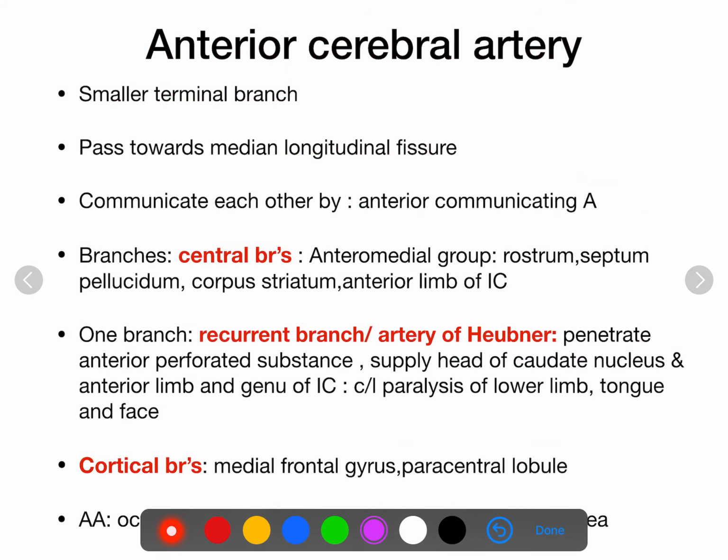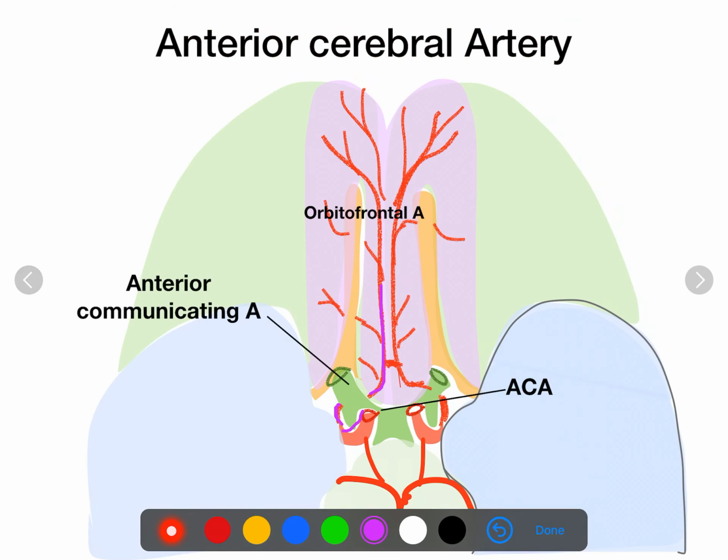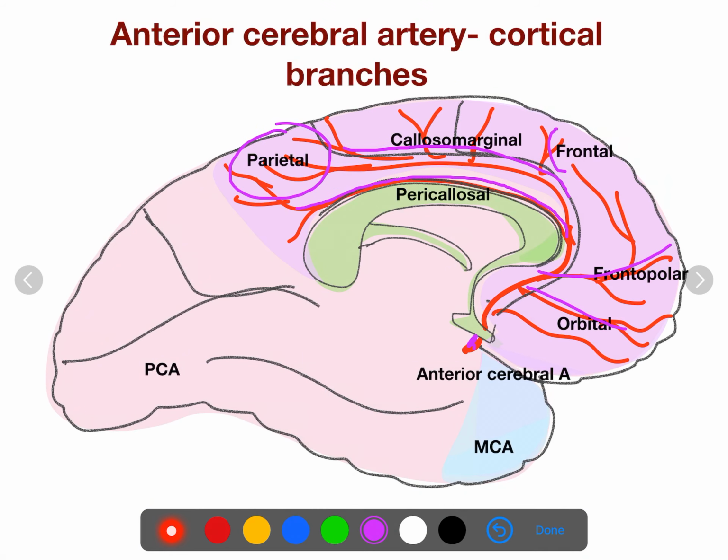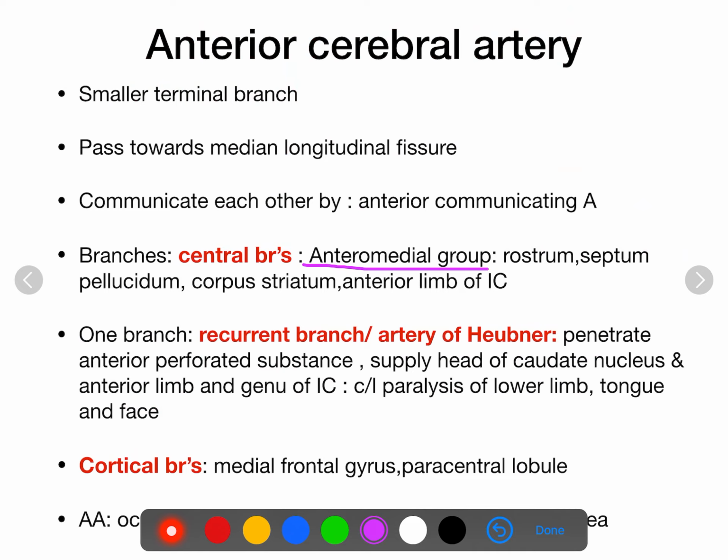Now the central branches, the anteromedial group, which I will show you in this diagram, come from here as well as from the anterior communicating artery.